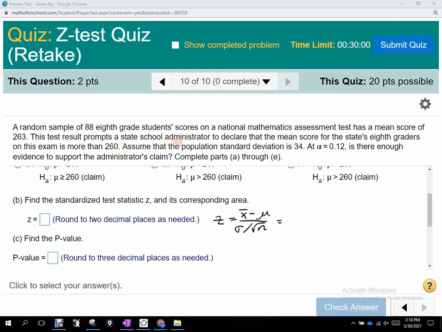What was our sample? Sample is 263. So 263 minus 260, that was mu. Standard deviation was 34. And we divide that by root 88, right? So we're going to calculate that.